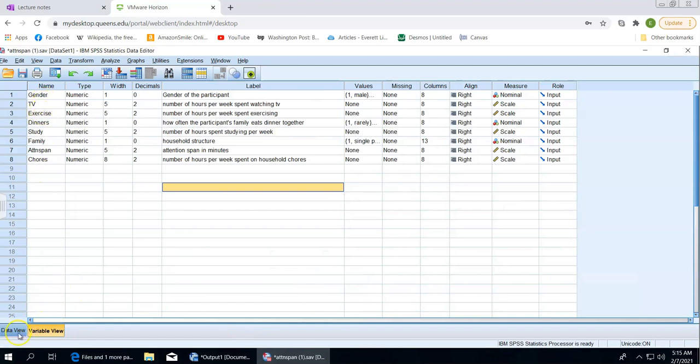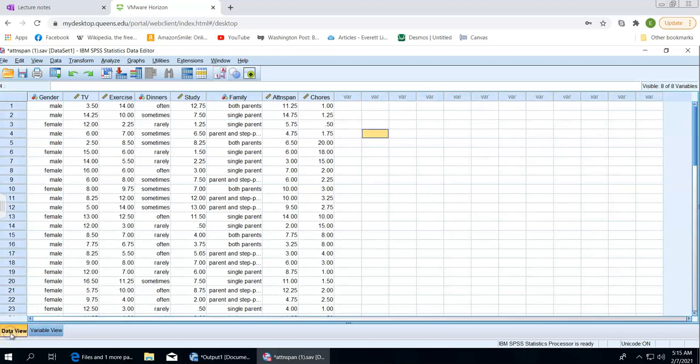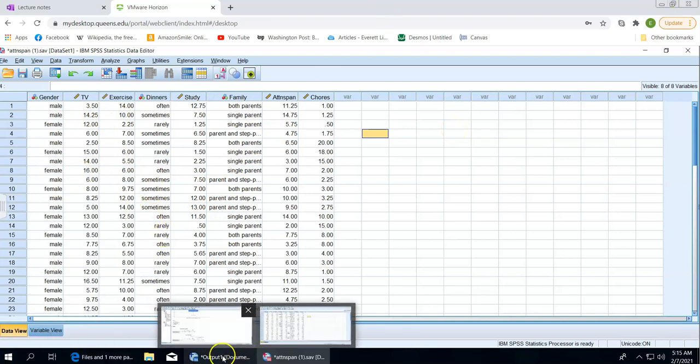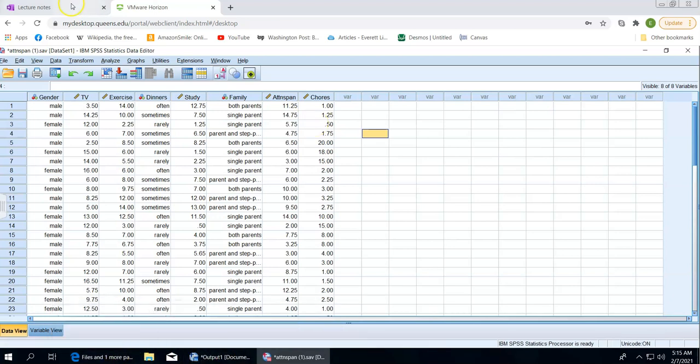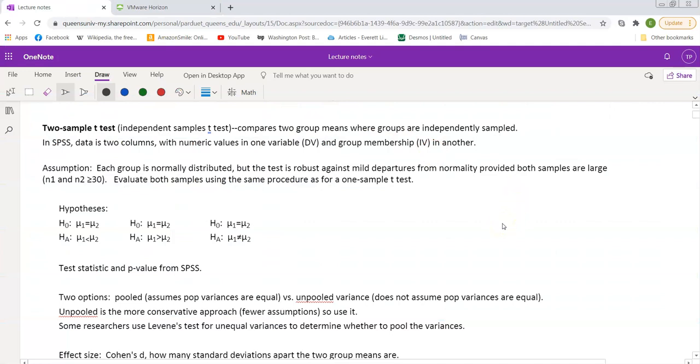We're going to be comparing attention spans for boys versus girls. What this looks like is we've got all the attention spans in one column, and then in another column we've got whether the child is a boy or a girl. Okay, so we don't have attention spans for boys in one column and for girls in another column. We have to arrange it like this for SPSS. There are other programs that give you more flexibility on that, but SPSS is not one of them.